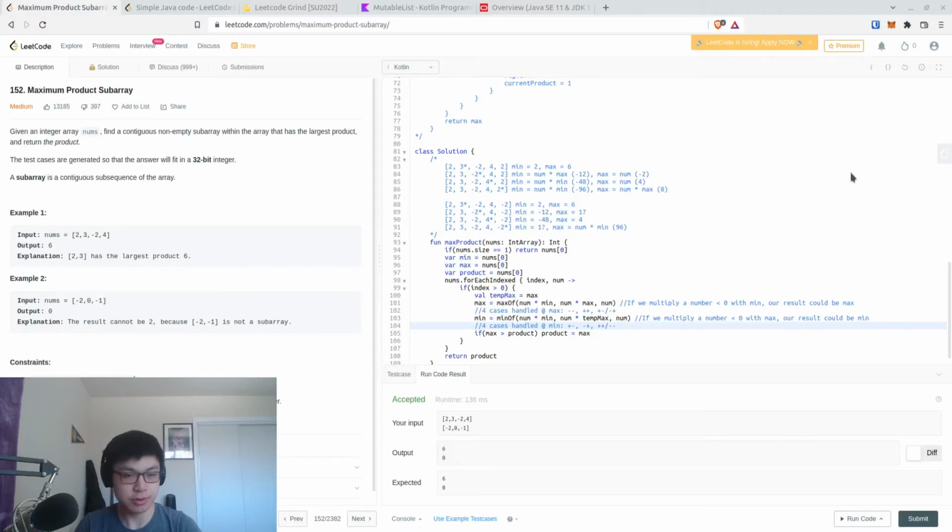While it is true that it generally does, it's not the case for this one because we do not care about the locations of the subarray. We only care about the maximum product.